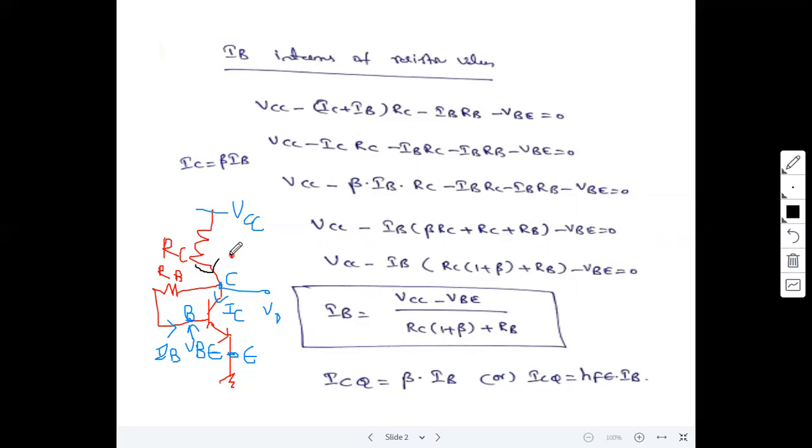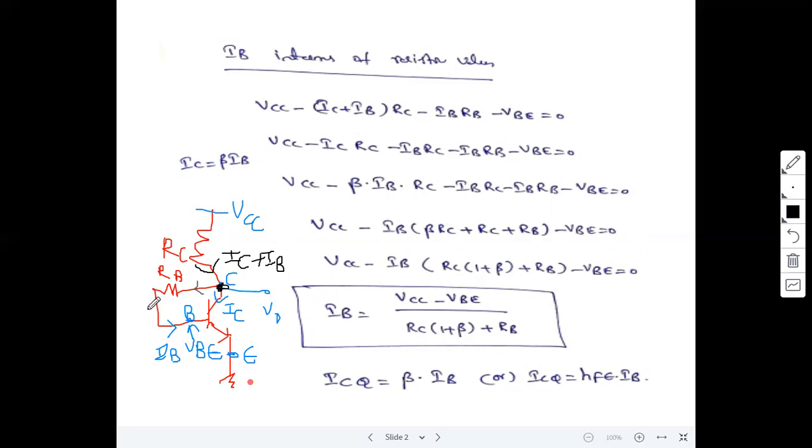Remember this one. You may check with KCL, Kirchhoff's current law: incoming current is equal to outgoing current. Incoming current is IC plus IB. Outgoing current is IB in one path and IC in another path.